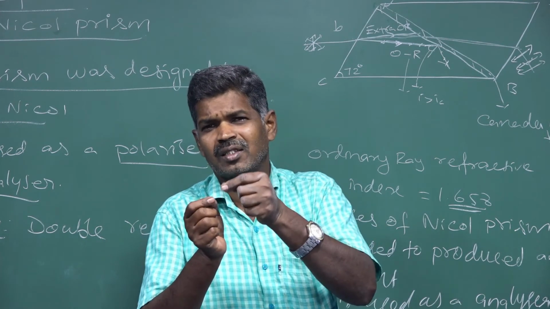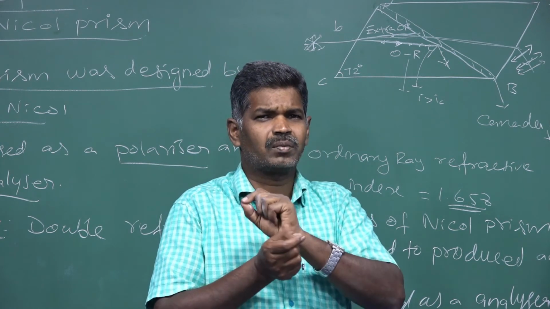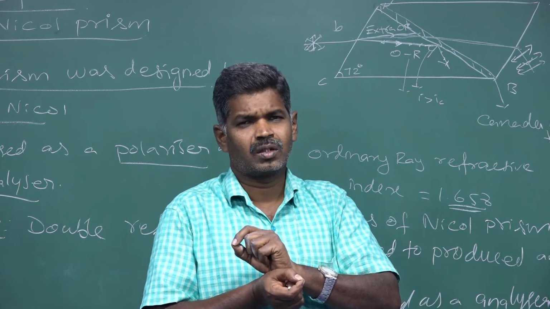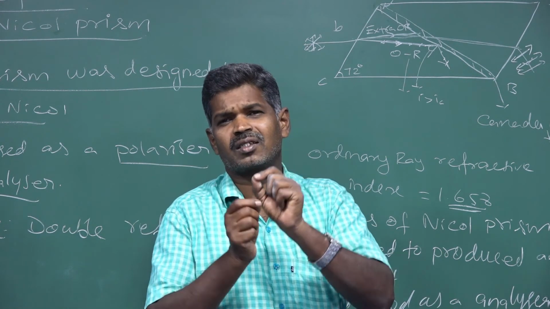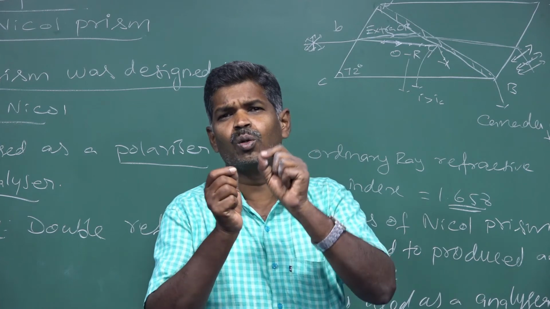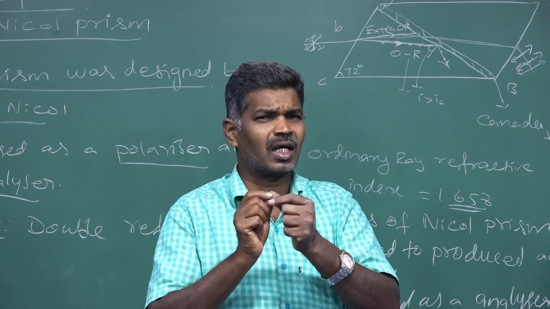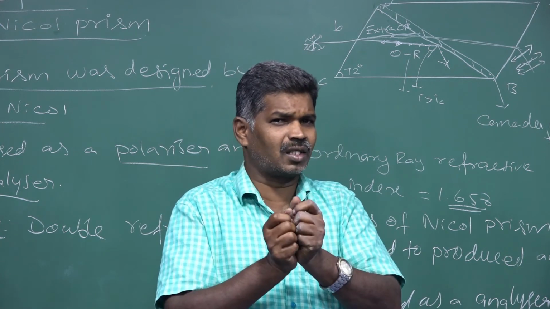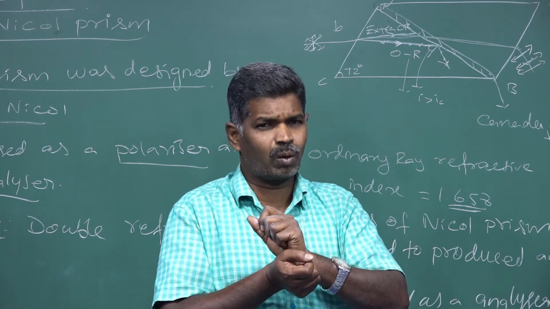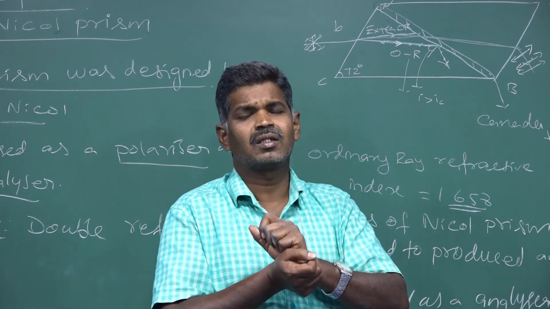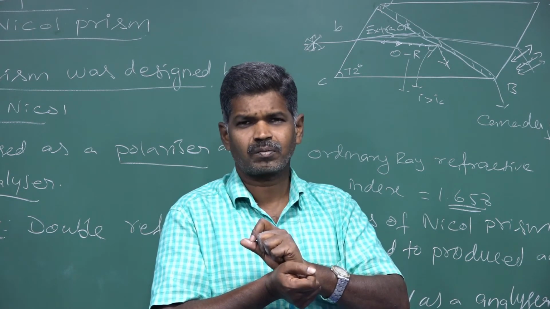Another one is that through the calcite crystal, the field of view that produces the plane polarized light is not a larger region, it is a very small region. That is also one of the drawbacks for the Nicol prism.